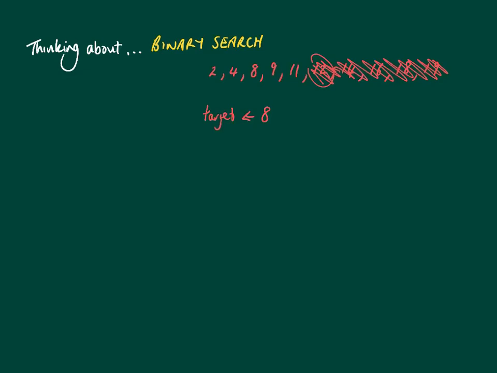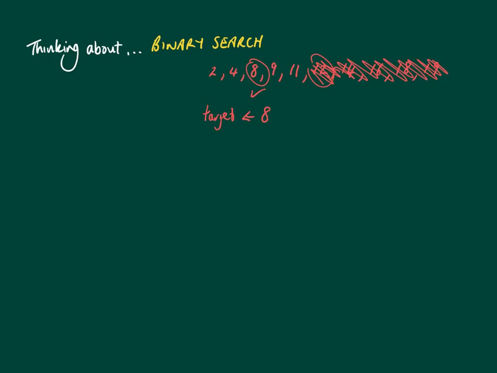So we can reduce the size of the search. We then jump to the middle again and we look at the middle item in the second pass and we say, okay, is it equal to the target? Yes, it is. So we found element 8 in the array after only 2 tests.